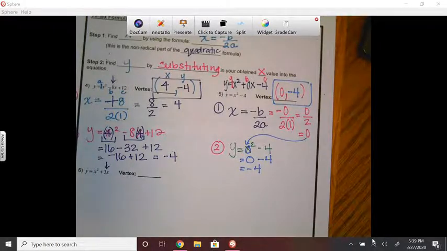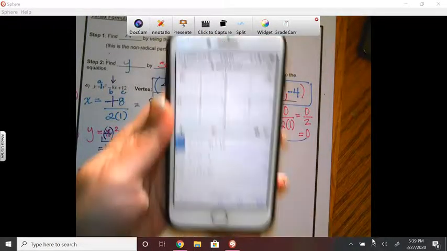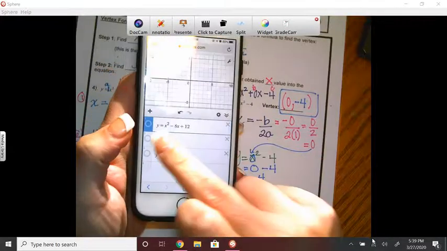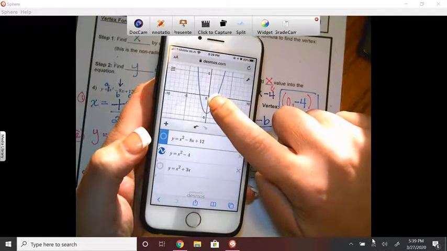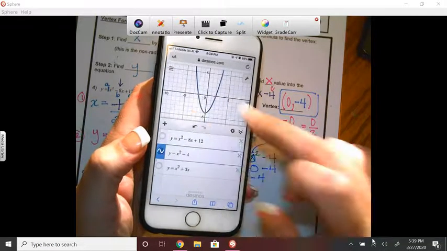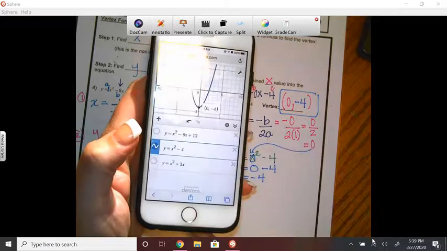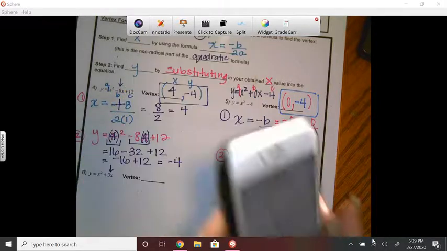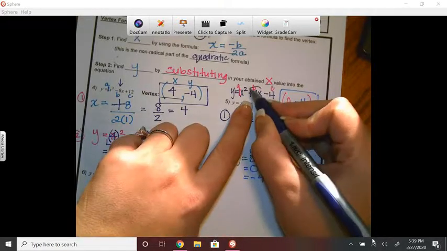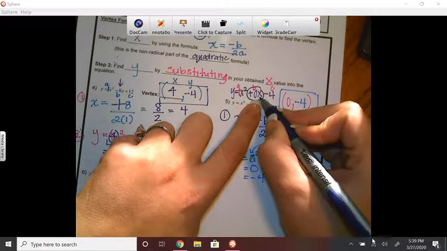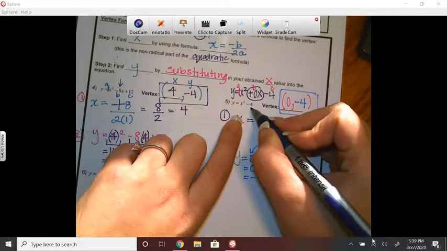Then if we take our graphing calculator and type in that function, y equals x squared minus 4, you can see that the vertex is at 0, -4. Because this one had a b value of 0, since there was no x term, we didn't actually need to do this work.